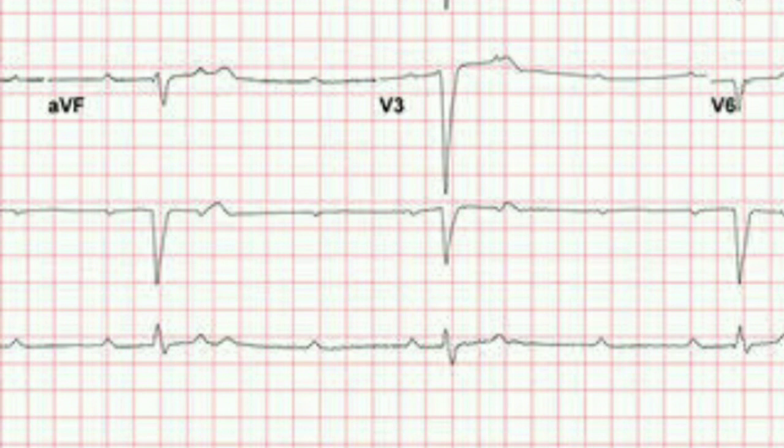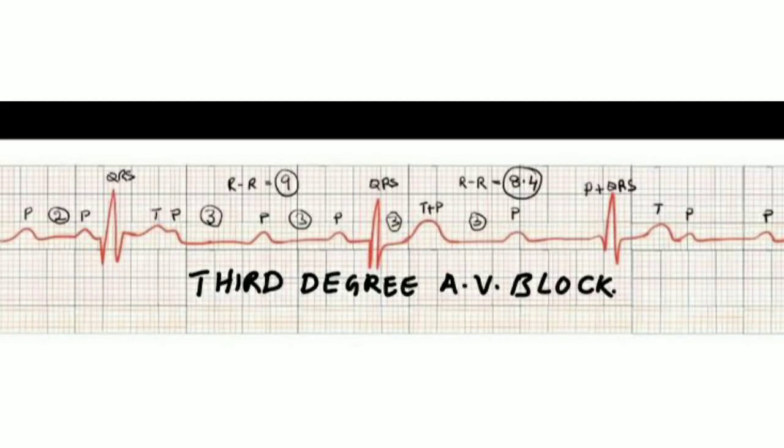R to R interval will be regular, P to P interval will be regular, but P to R interval will be irregular. There will be complete dissociation between the P and the QRS complex. This is the complete heart block or third degree heart block.